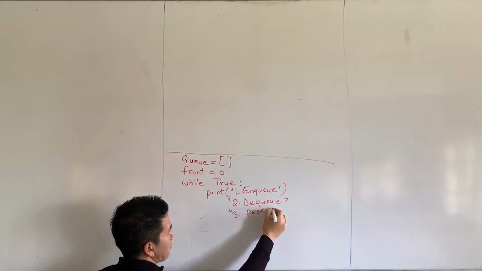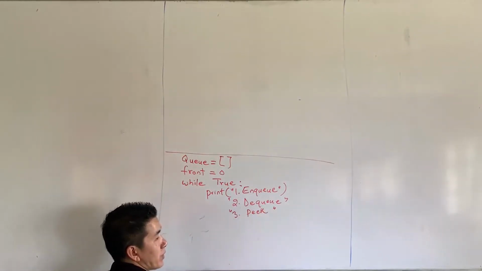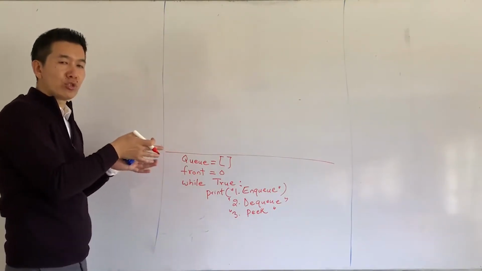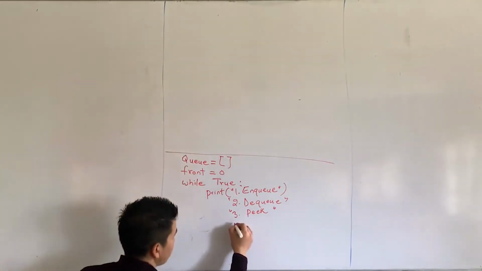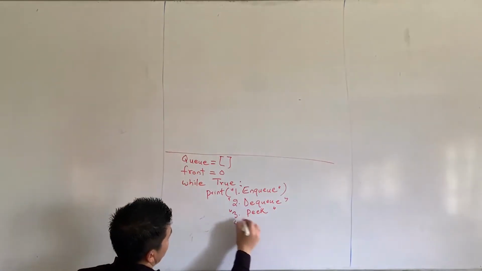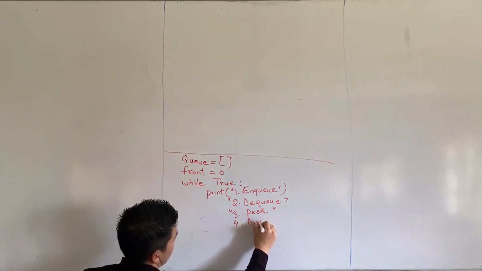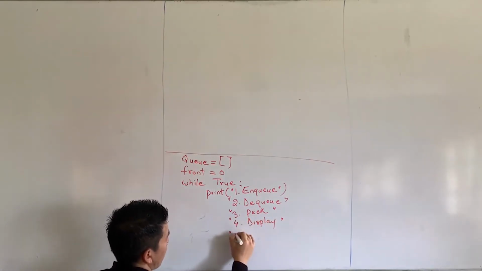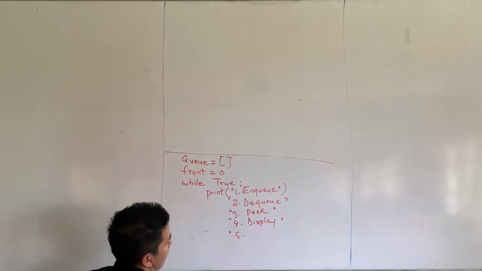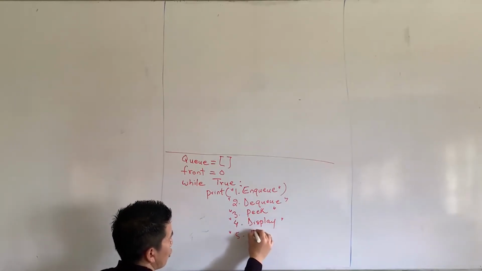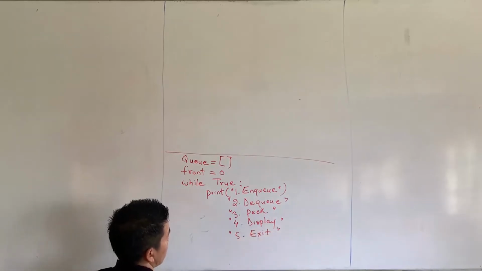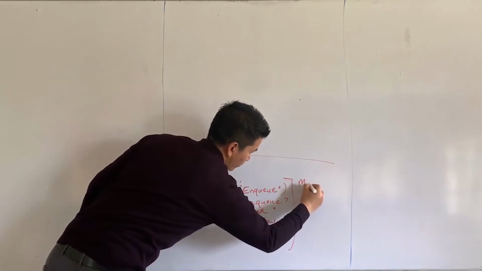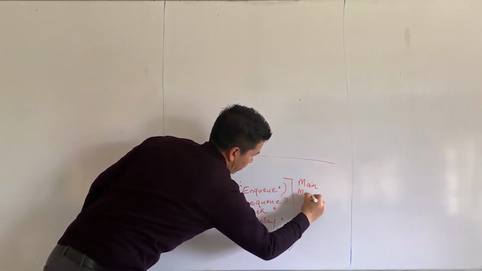Peek means inspecting the element which is at the foremost front of the queue, and the 4th will be display, just to check the status of the queue, and then 5 is leave, to exit the program. So this is the main menu.